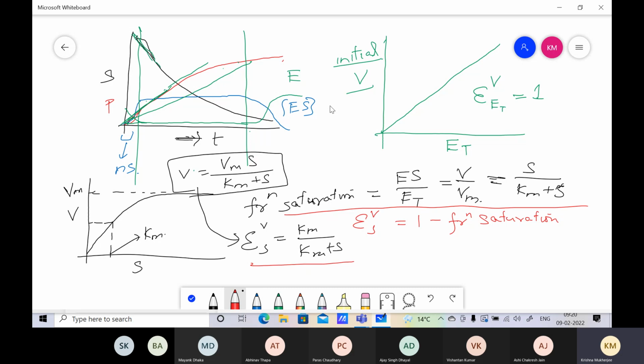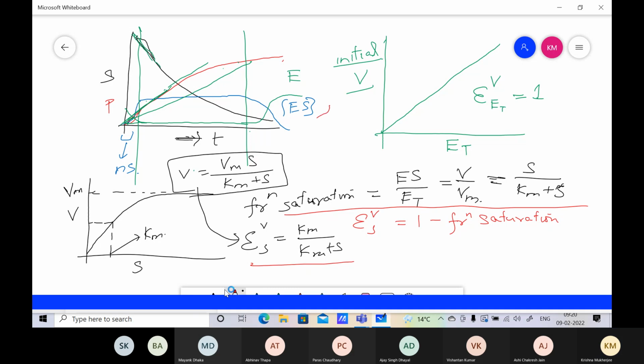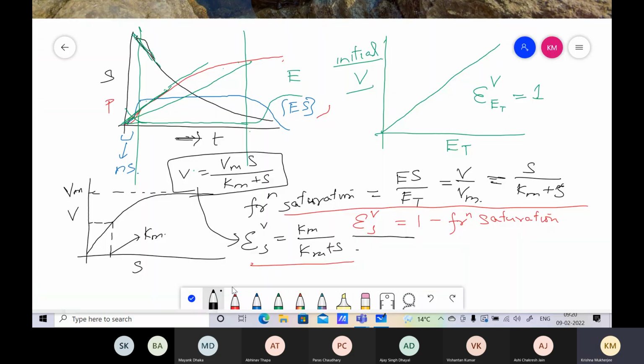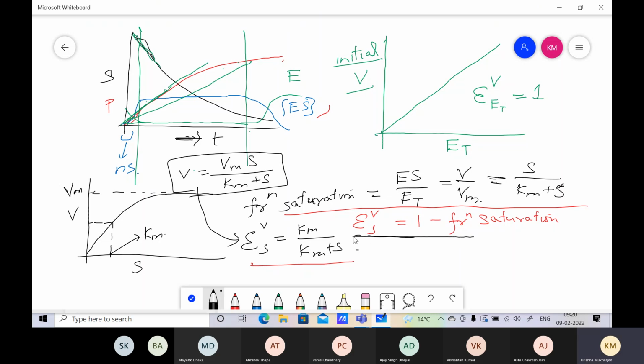So when I increase substrate concentrations, this equation tells me something which is very obvious conceptually, which is that at low substrate concentrations, as I increase S, fractional saturation is close to 0, then the elasticity is equal to 1. And when it is completely saturated, additional substrate is not going to help.